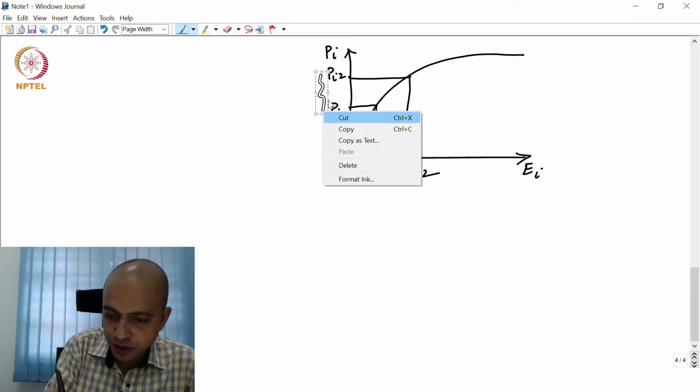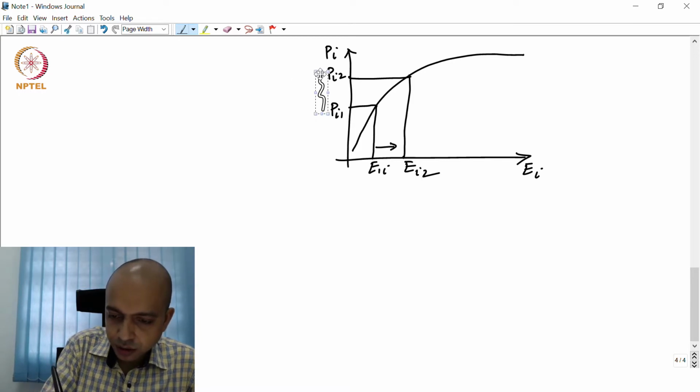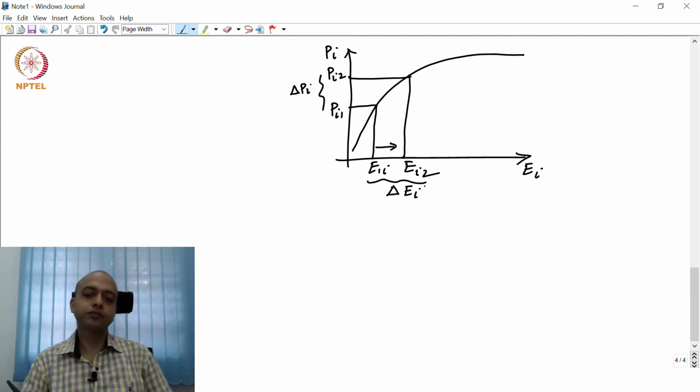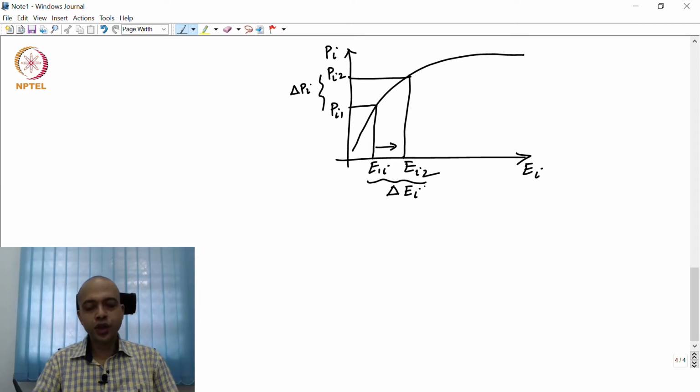So this is delta PI, and this is delta EI. For delta EI amount of change in environmental quality, what is the change in price?